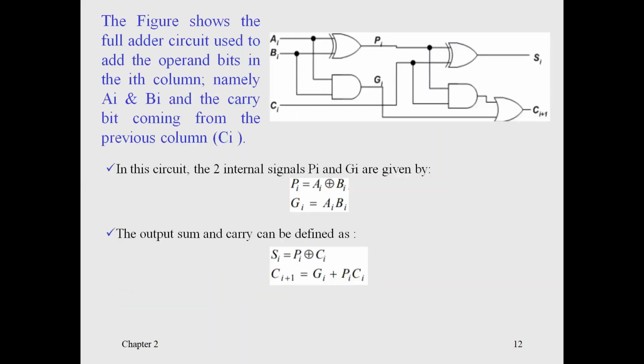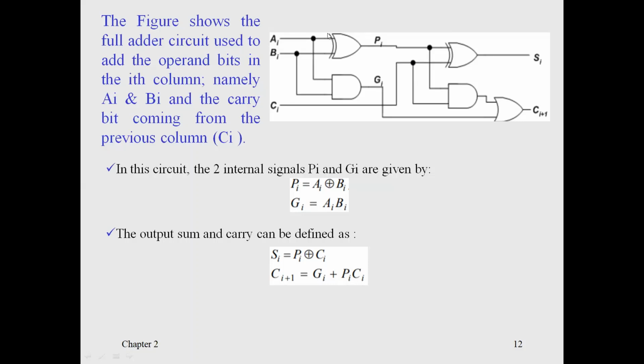See here, in this diagram, this is the 2-bit input Ai, Bi of any stage, and this is the carry in from the previous stage.